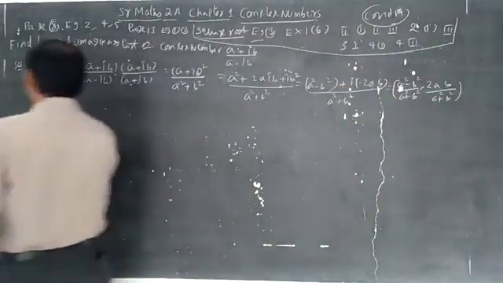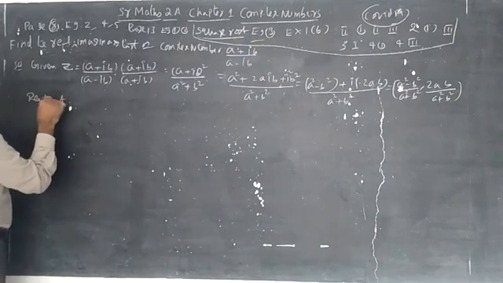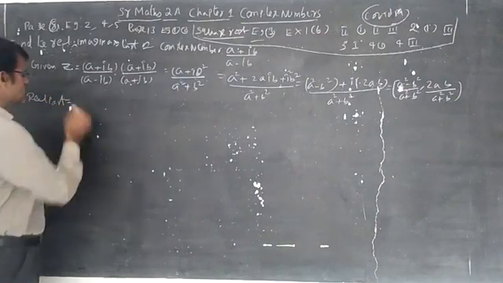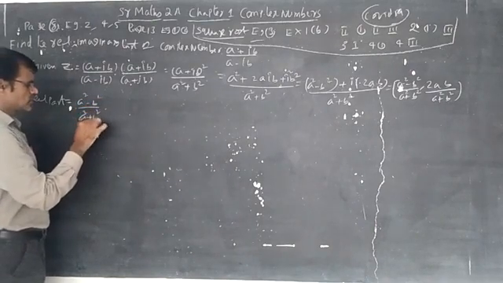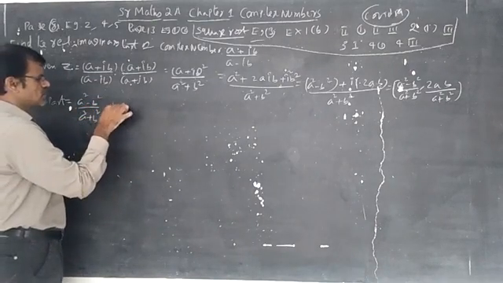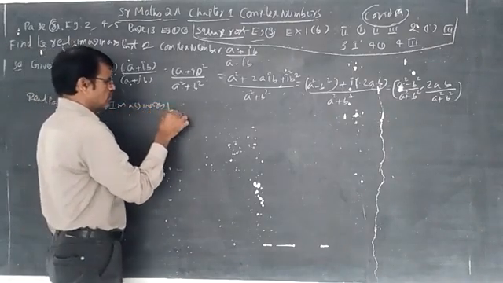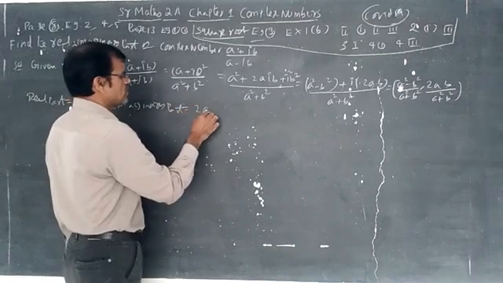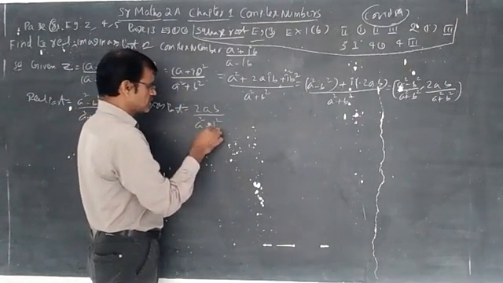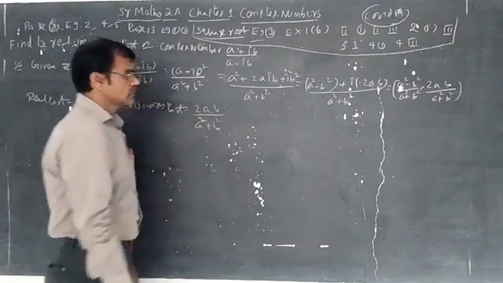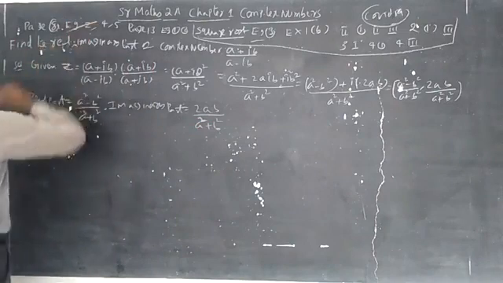So the real part is equal to a square minus b square by a square plus b square, comma, the imaginary part is equal to 2ab by a square plus b square. That's all. Page number 8, example 2 completed.